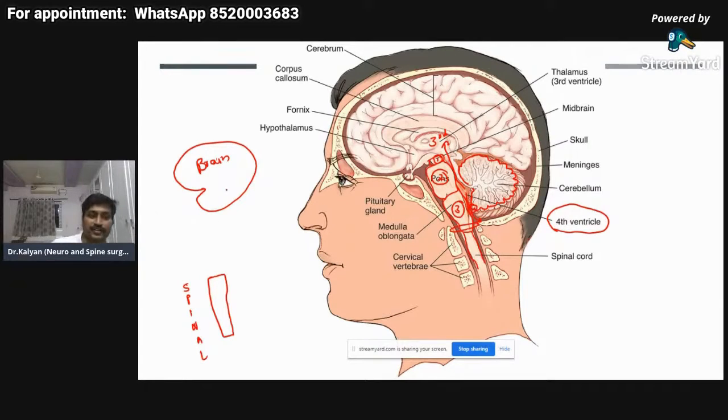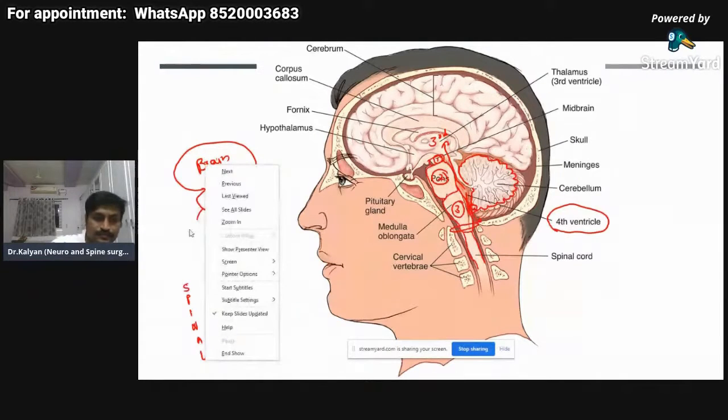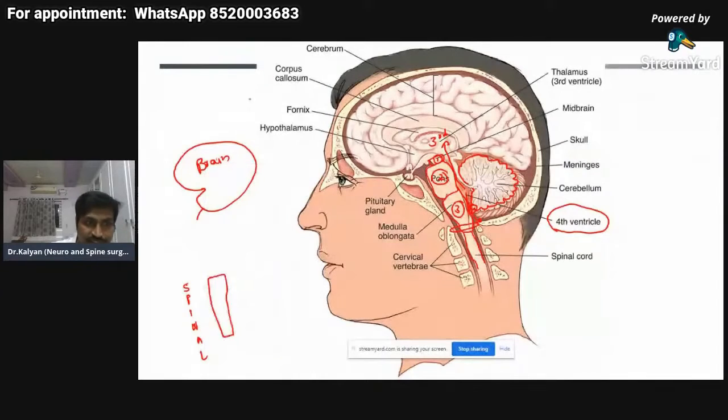The brainstem connects the brain to the spinal cord. Let me draw the brainstem. So the brainstem is connecting the brain with the spinal cord. Am I clear? And this brainstem has three portions: midbrain, pons, and medulla oblongata. Behind the brainstem, we have the cerebellum.